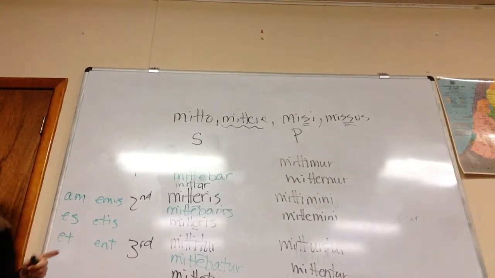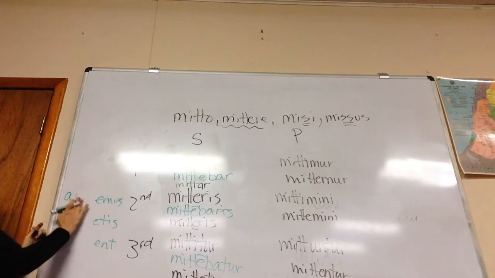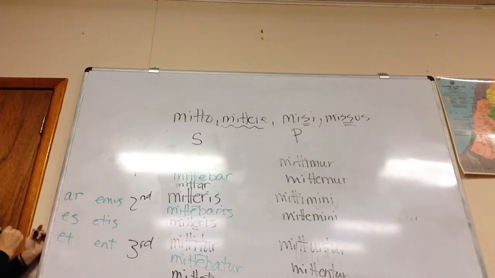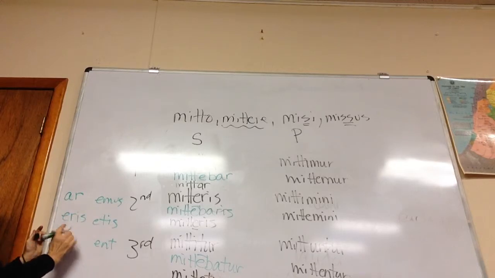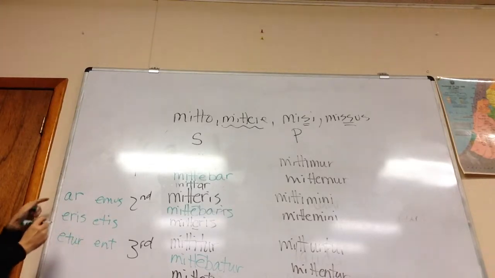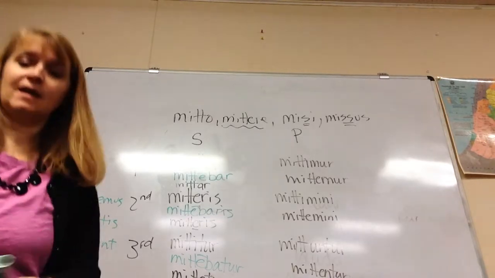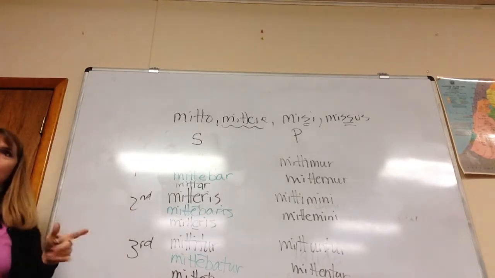And remember, with passive, all you do is change the active personal endings to passive. So instead of an M, you get an R. Instead of an S, you get ris, tur. But I keep the stem vowels the same. Okay, does that make sense? And how are we going to translate future passive again? One more time.